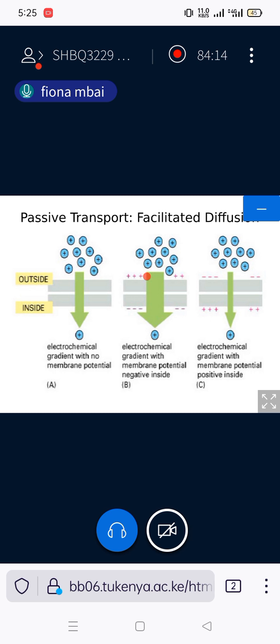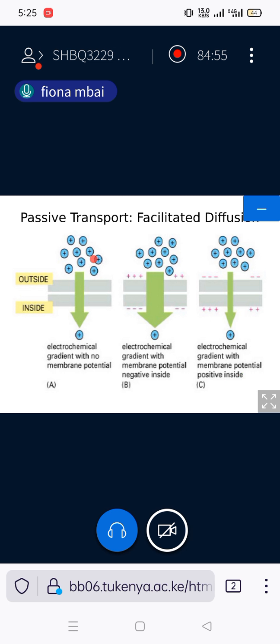So the electrochemical gradient has a membrane potential, positively charged out here, negatively charged inside, and you get the ions moving into the cell because it is negative inside. Looking at the other alternative, if the membrane is negatively charged outside and you have positive ions that want to move in, and positively charged membrane inside, the electrochemical gradient with a membrane potential which is positive inside.